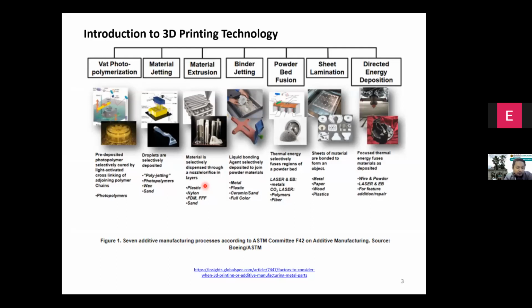For powder base, an example is SLM, selective laser melting. Liquid base, we have SLS, selective laser sintering, and solid base, we have FDM, fused deposition modeling. FDM is a very popular one because of its very low cost, and it's very easy to operate.